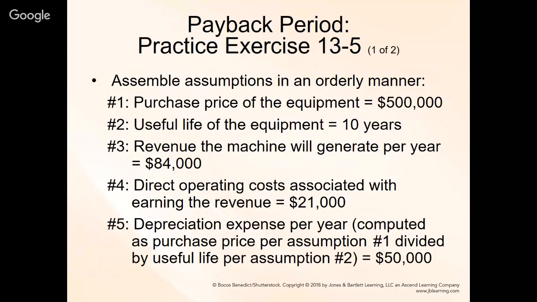Now that all of these assumptions are in place, it's time to calculate the payback period. And there's 3 steps to it. The first step is you're going to find the machine's expected income after expenses. And that was assumed from number 3 under the revenue.